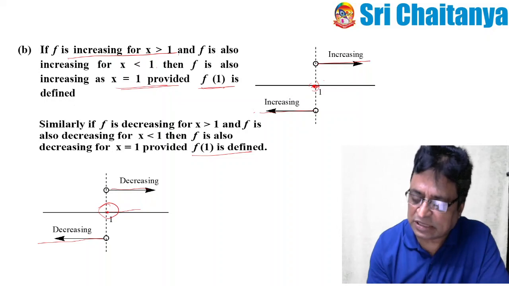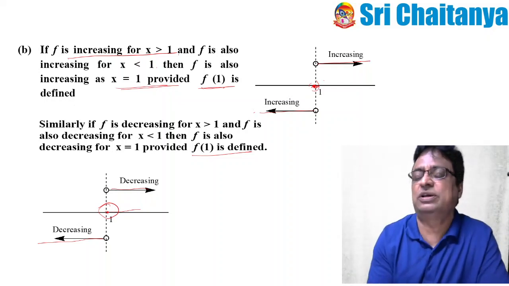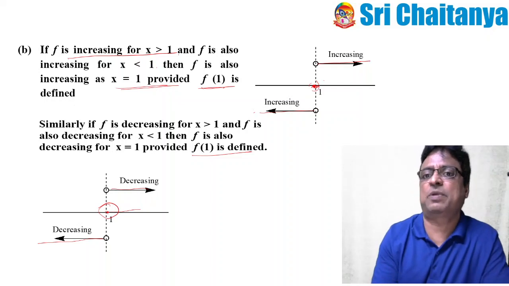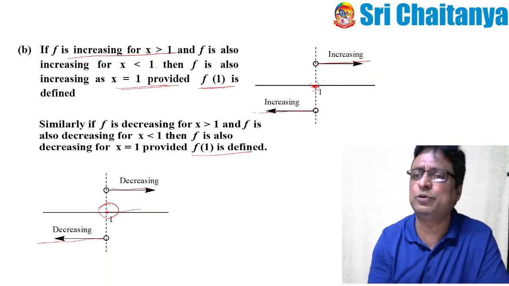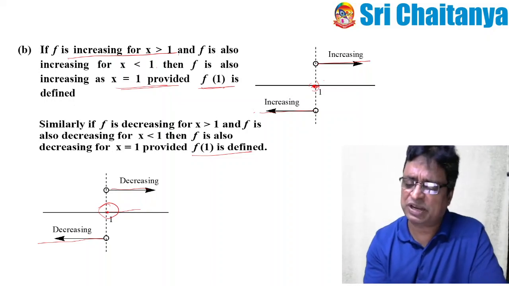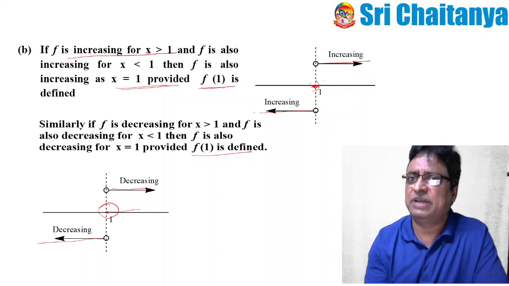This is also the best model, and whenever they test you, they ask you to test whether the function is increasing or decreasing at a particular point. Then what to do? You take all values greater than that point and observe the sign of dy by dx.